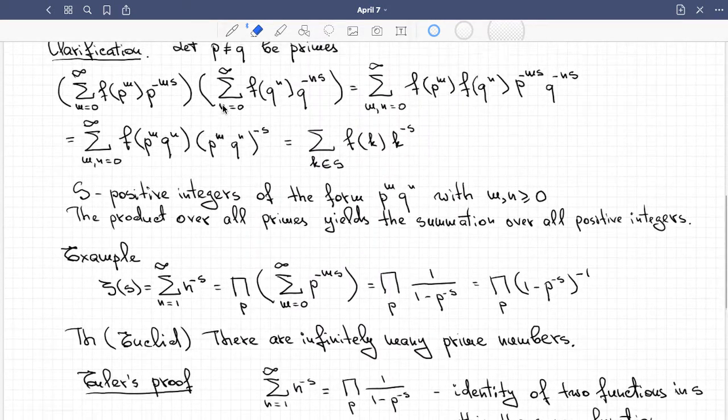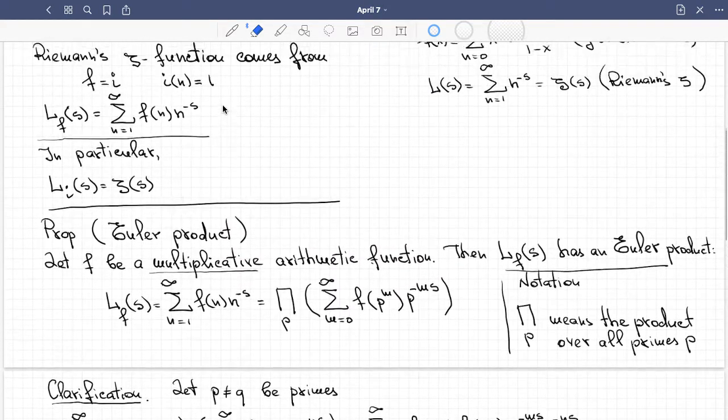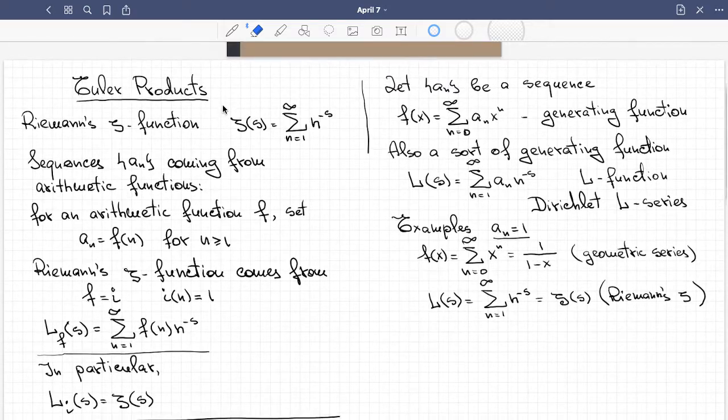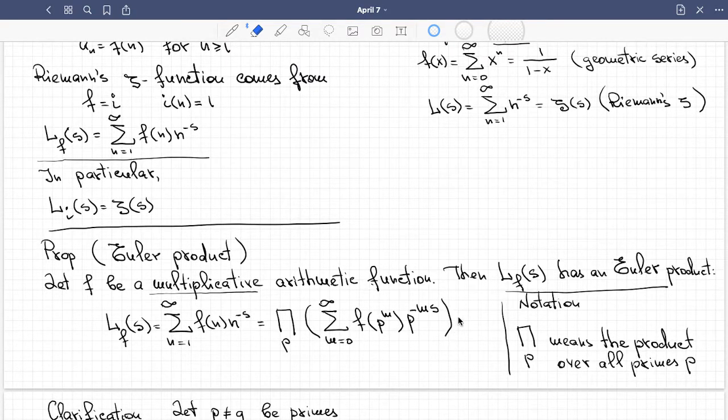So we desperately need this proposition from the very beginning. Let me copy this proposition beforehand.